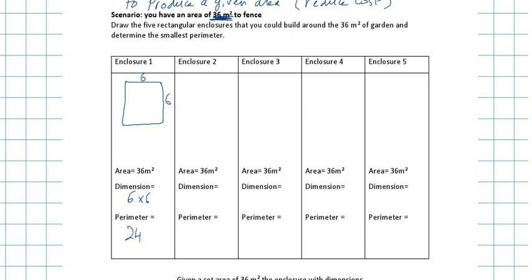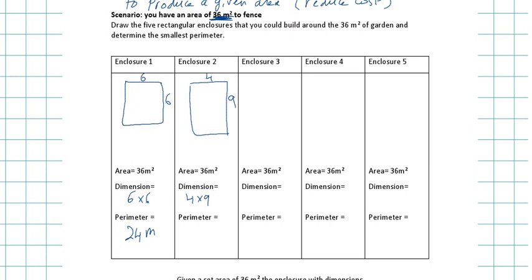So that's one example. You guys told me 4 by 9, right? So 4 times 9 gives me 36. What would be my perimeter here? 4 plus 4 is 8. 9 plus 9 is 18. What's 8 plus 18? 26 meters.